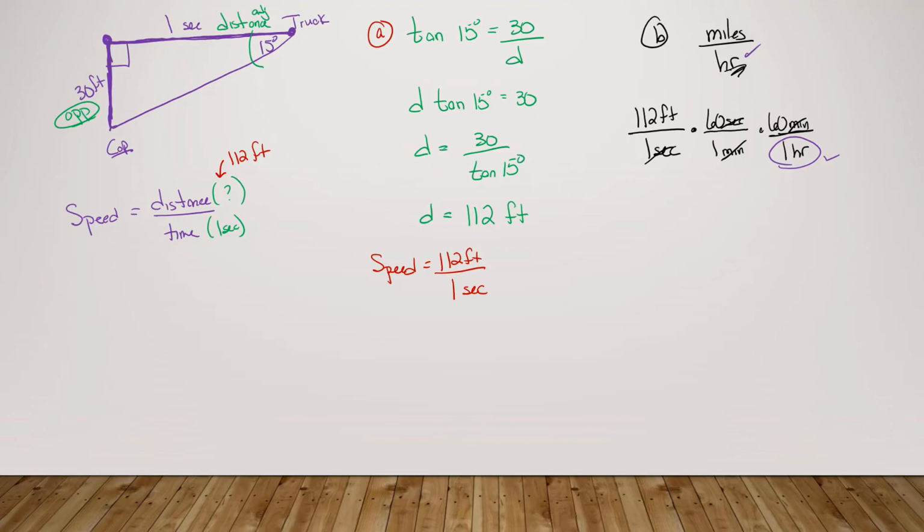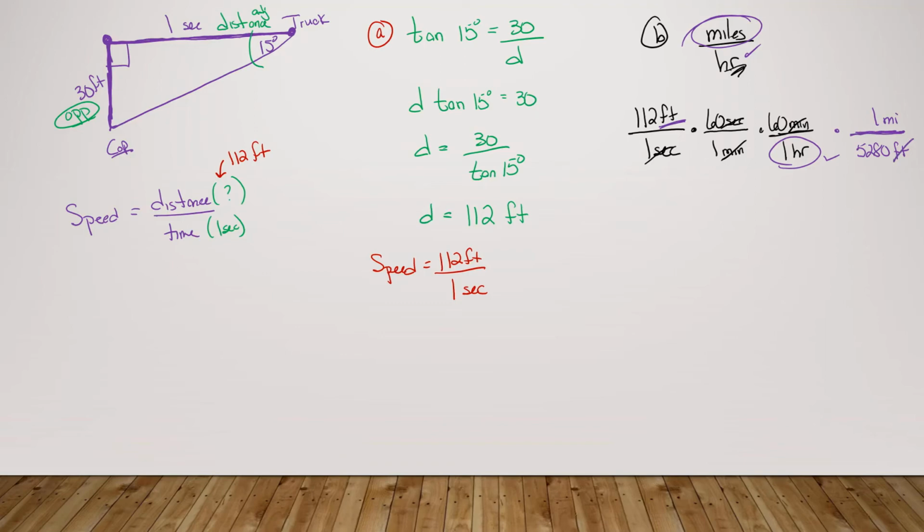We're good. But feet can't be here because it's supposed to be in miles, which means I need a conversion between feet and miles. And some of you may know it and some of you may not. Your conversion is 5,280 feet are in a single mile. And why did I put feet on the bottom?